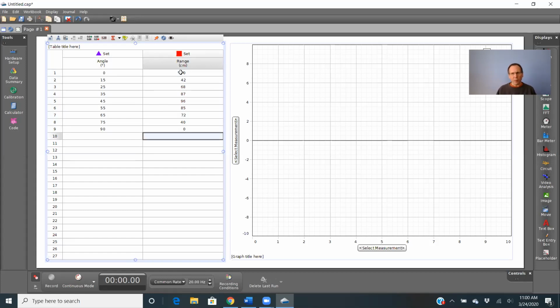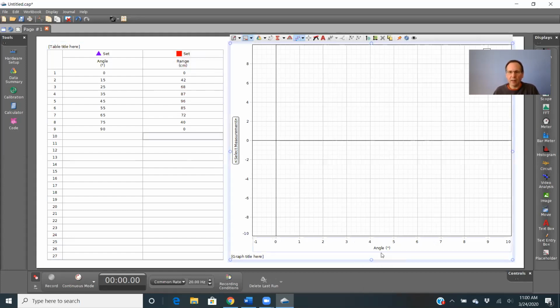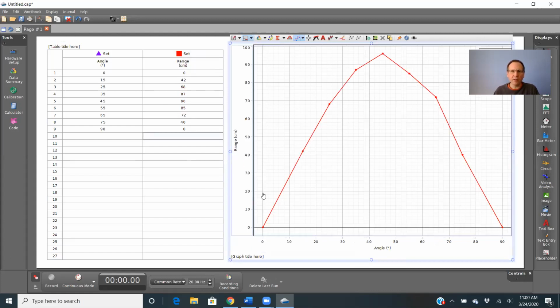Okay, you will plot your averages. Remember, you have to find the average of the 3, and you're going to plot your averages here. Okay, so to do the graph, remember the x-axis is angle, so we're going to choose angle here, and the y was range, so I'll choose range in centimeters. So that's my graph. We want to get rid of those line connections.